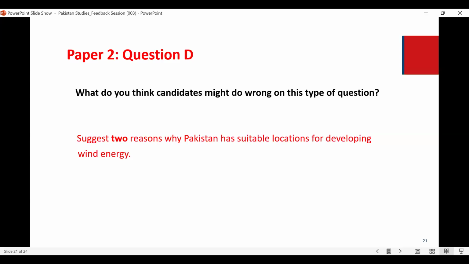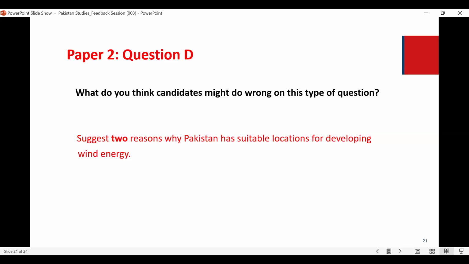Well, the first thing a candidate might do wrong with this type of question is not give 2 reasons. So again, it's getting that very clear, but highlighting that in the exam, understanding that they've got to give 2 reasons. If they just give 1 reason, no matter how well they do it, they're not going to get more than half marks.